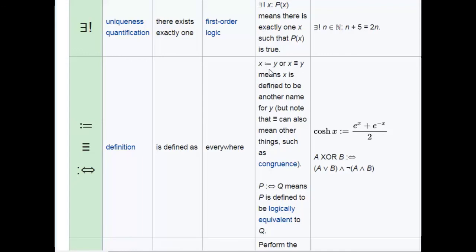For example, x is defined to be another name for y. Here we call x is defined to be another name for y. For example, here we have the example, hyperbolic cosine of x. This is a function, hyperbolic cosine of x is defined as this function, e to the power of x plus e to the power of minus x over 2.